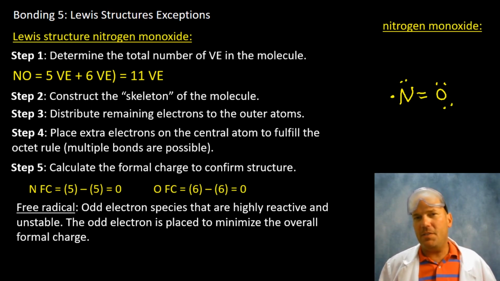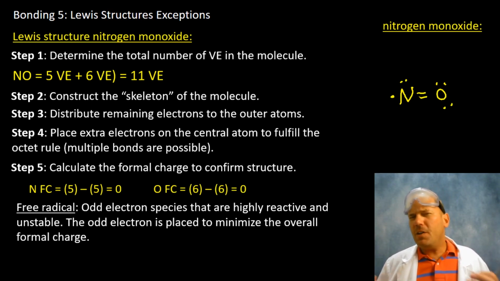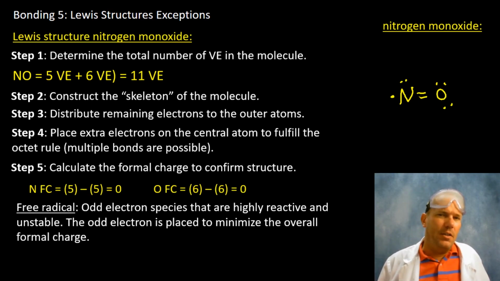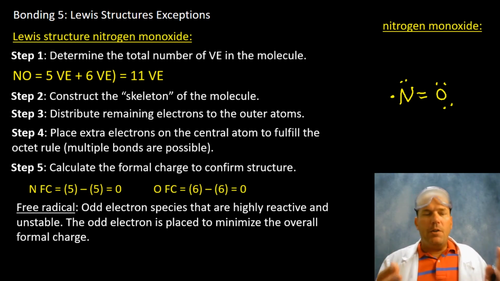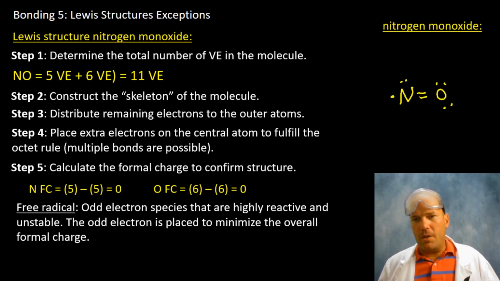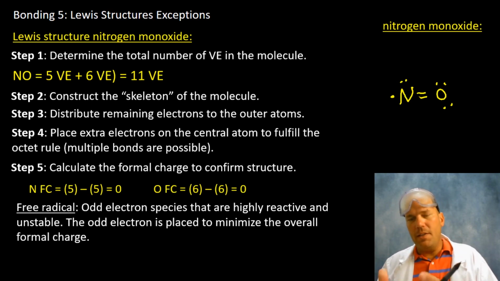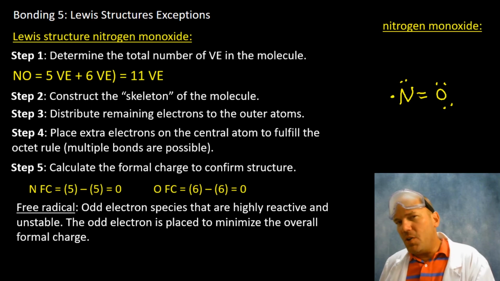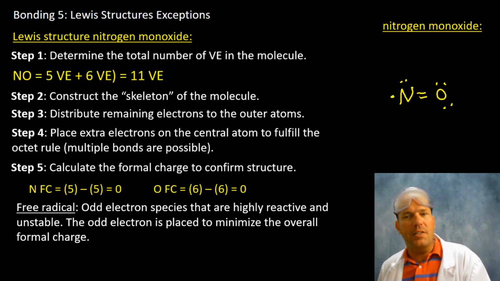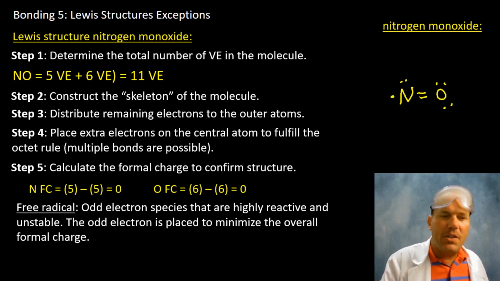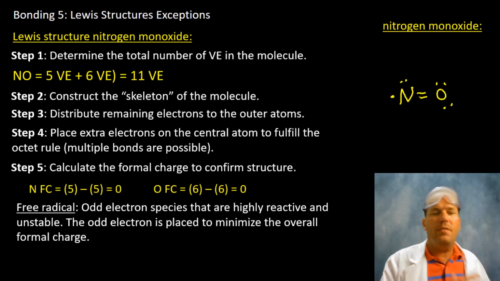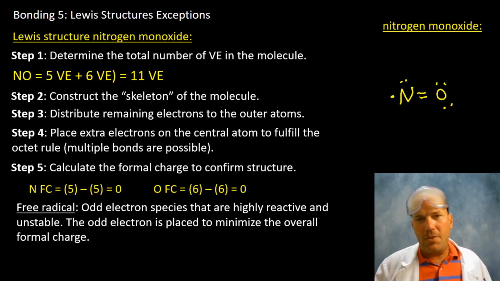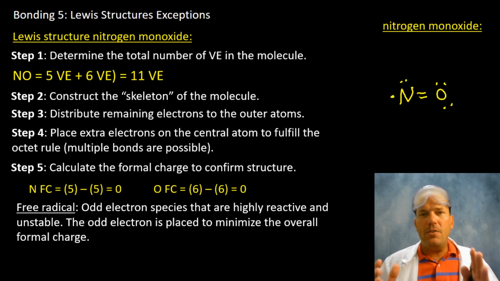Now this species is very reactive, and where do you even place the free radical? You place it where it will minimize the formal charge. So in this case here, it makes no sense to place it on the oxygen, but placing it on the nitrogen gives us a formal charge of 0 for the nitrogen. And so the free radical is on the nitrogen.